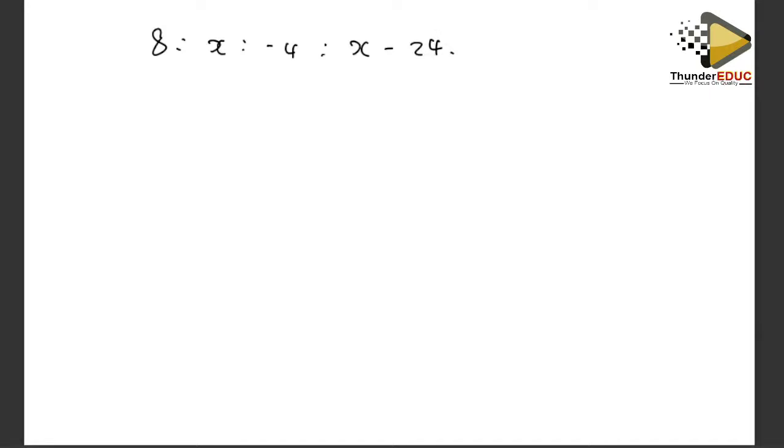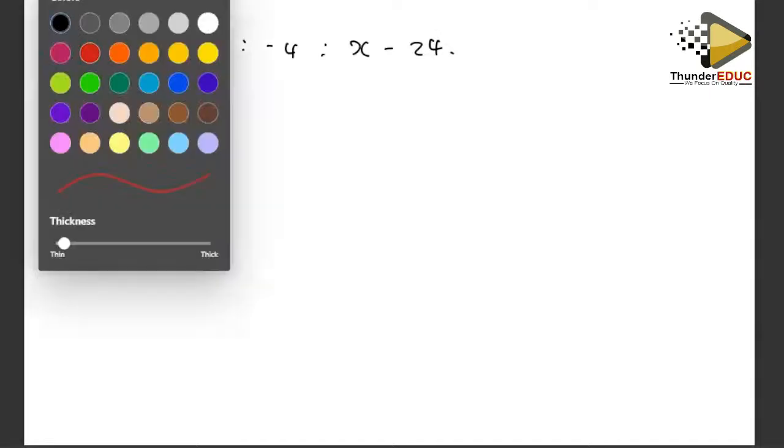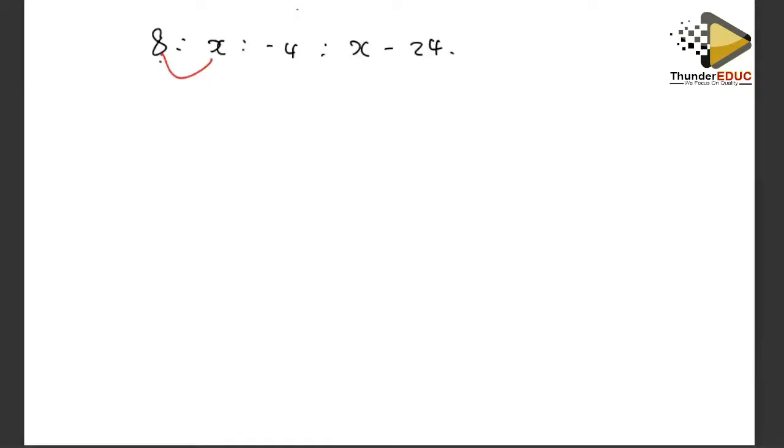Meaning that if we are trying to find the first difference, it's going to be T2 minus T1, so x minus 8. The next first difference is going to be negative 4 minus x. For that one, it's going to be x minus minus 4, which is x plus 4. Sorry about that.